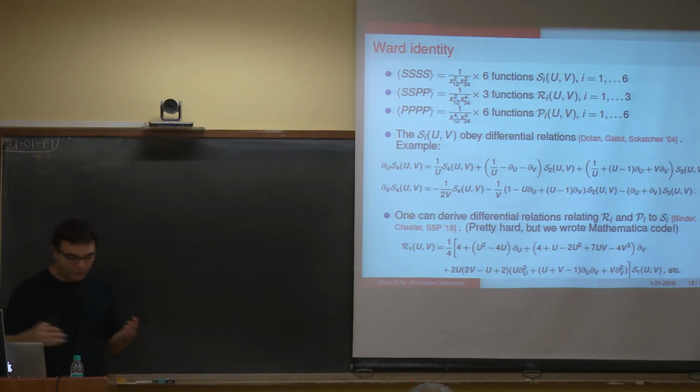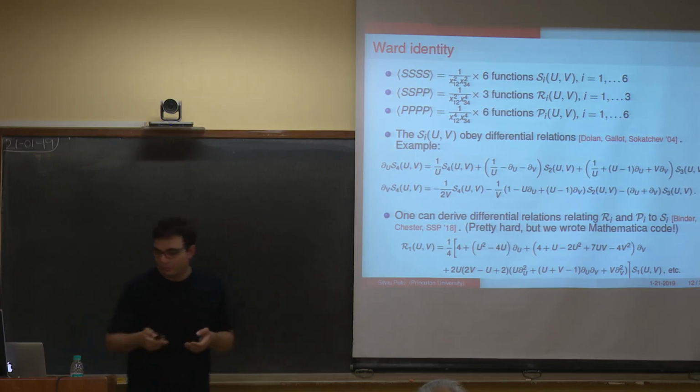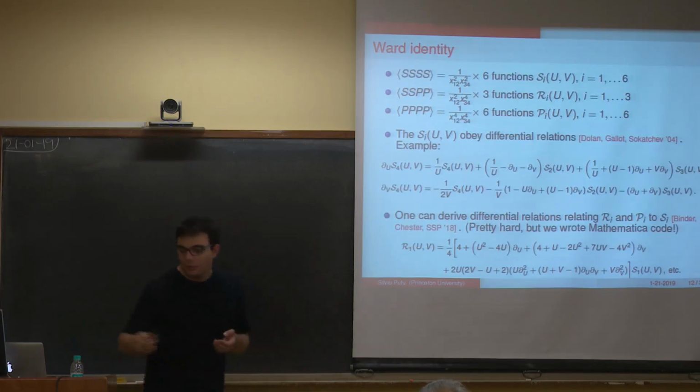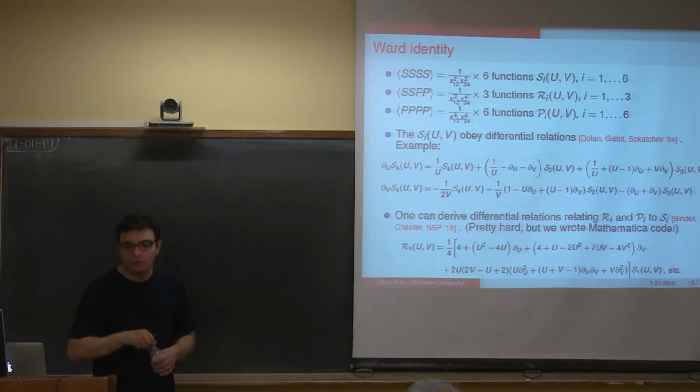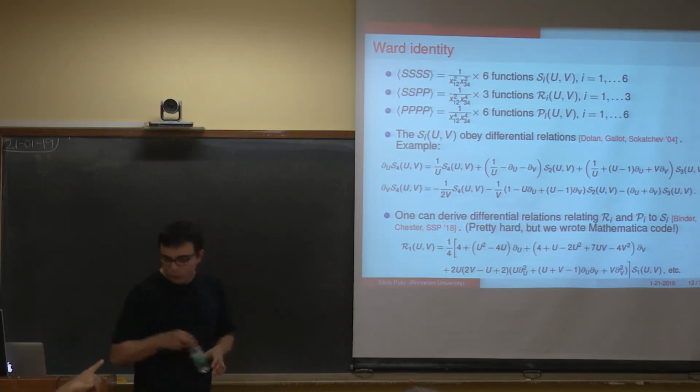But Shiraz is right. In order to learn about flat space scattering, it would have been enough to just look at SSSS. The fact that you have these 6 different functions, all of them obey the same Ward identity relations.